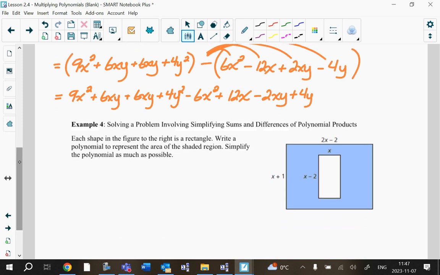And finally now, let's combine everything we can. X squareds, 3x squared, because I can combine two of them. The xy's, I've got 3 of them. I've got 6xy plus 6xy minus 2xy, 10xy.